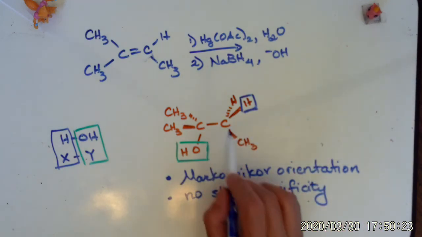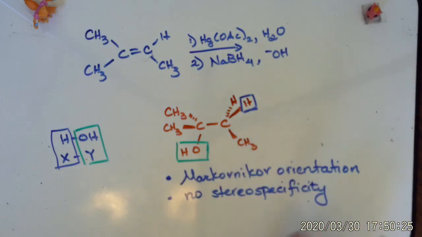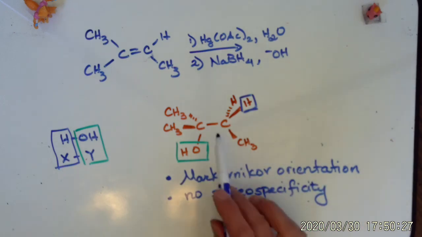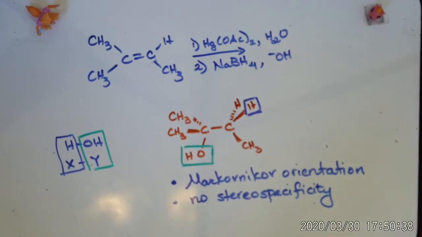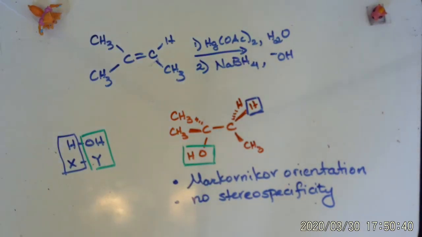It can scramble, and therefore you can get 2 different isomers here. You're not going to see that; this is not a stereocenter. But just so you know, that's something to remark on for oxymercuration-demercuration. Okay, so let's stop here, and we will then talk about what happens if you want an antimercuration.